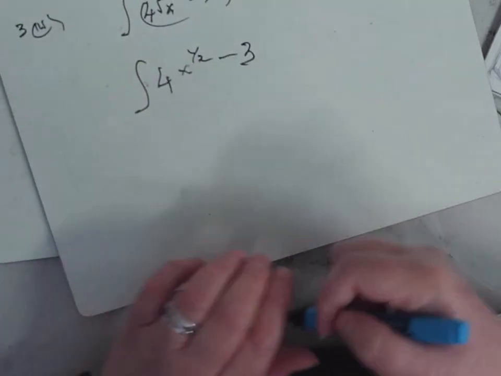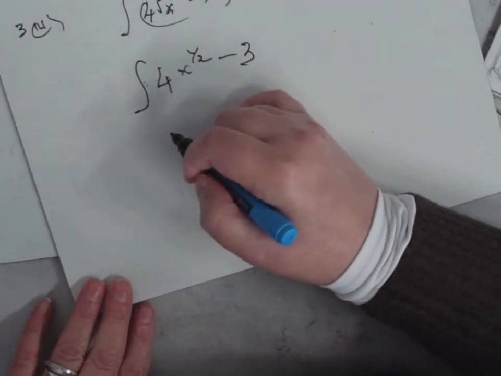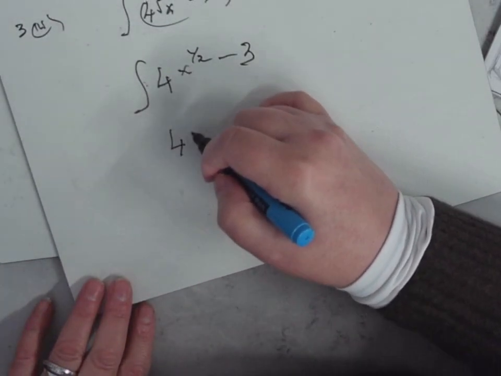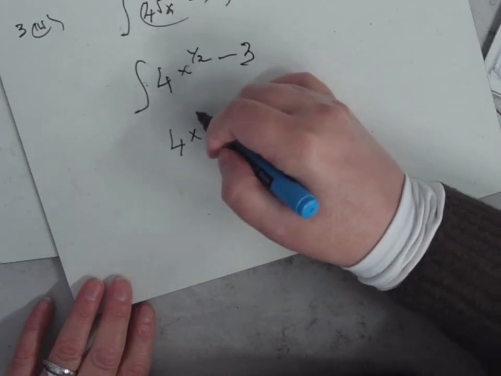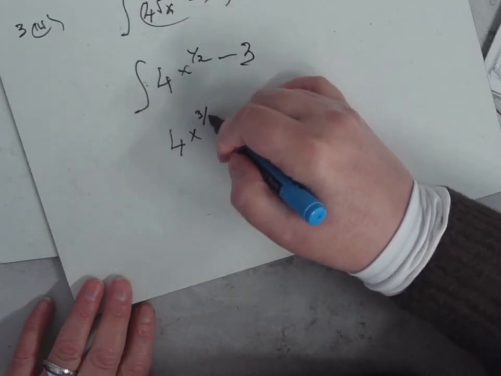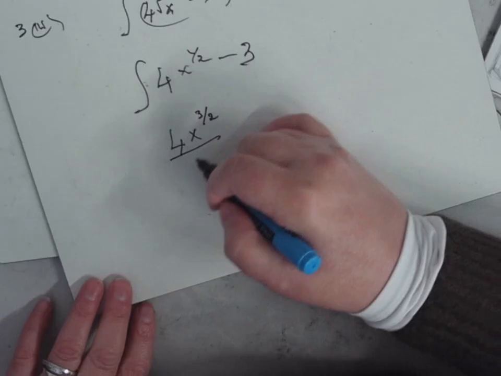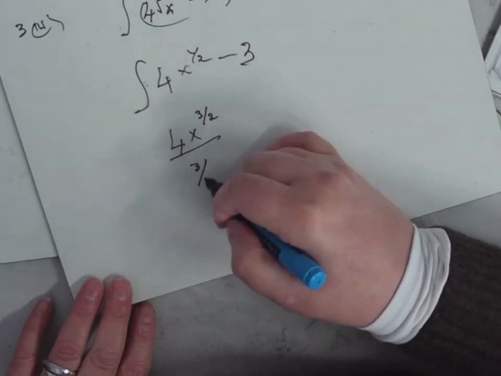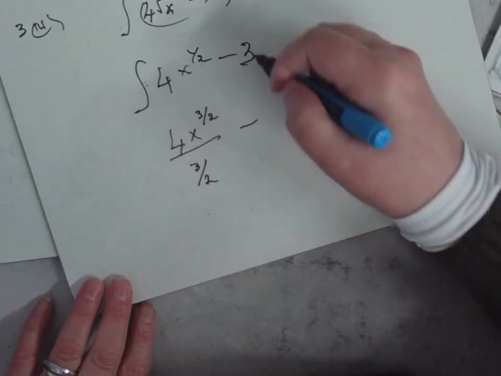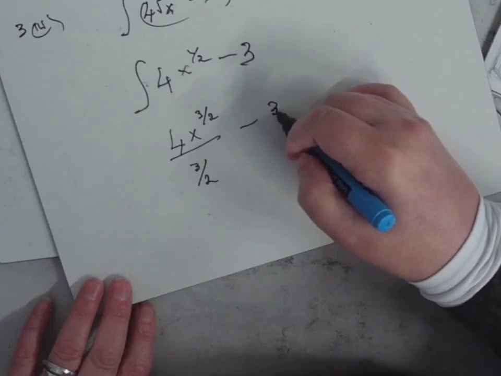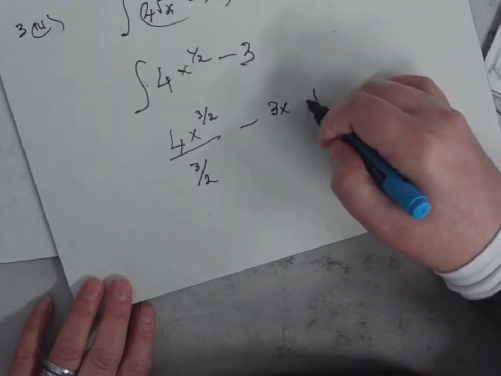Okay, so then the 4 doesn't affect things. Add 1 to the power, so add 1 to a half, you get 3 over 2, and you divide by the new power, so you're dividing by 3 over 2. Okay, and then integrate 3 and you get 3x, and we have plus c.